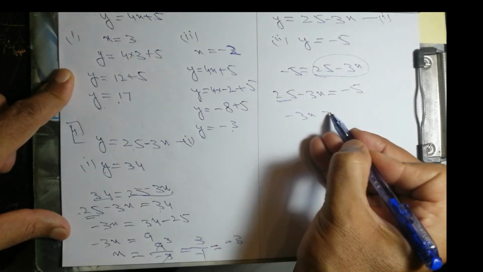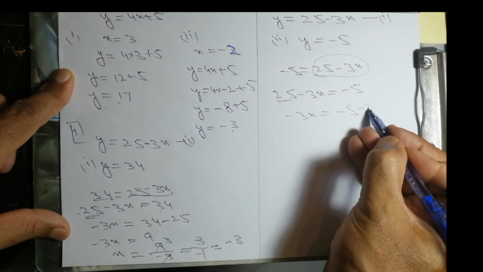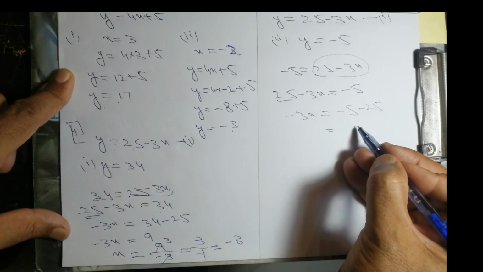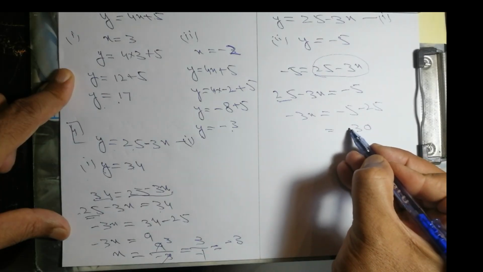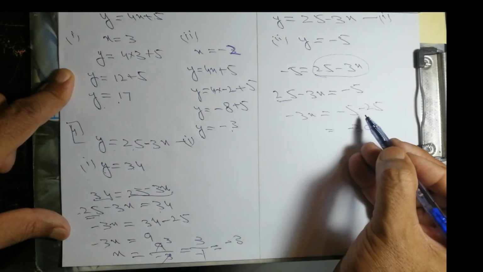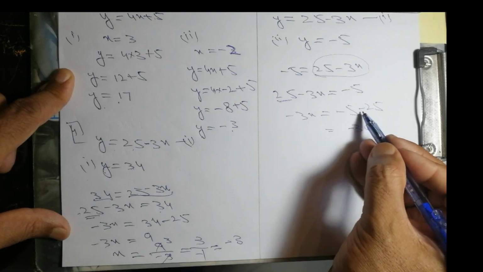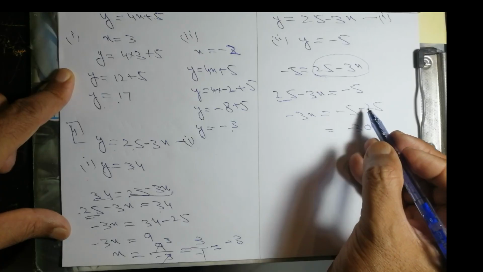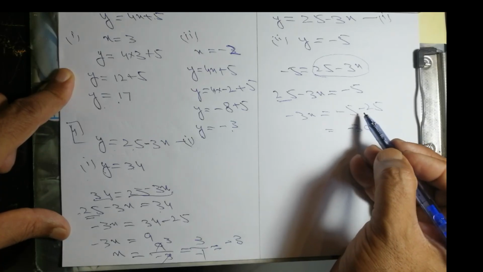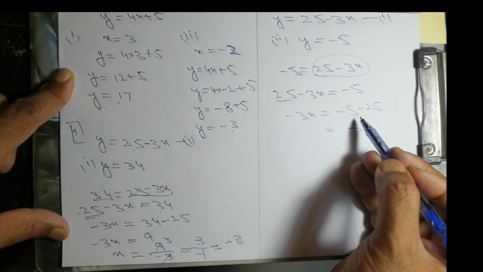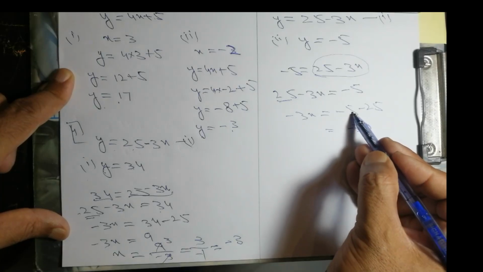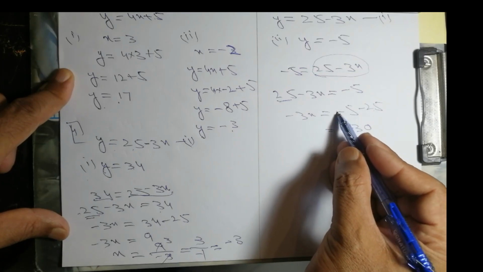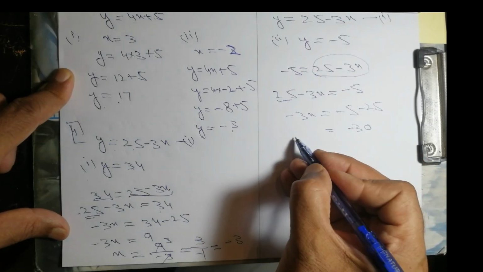Minus 3x equal to minus 5 and minus 25. Now minus 5 and minus 25 have the same sign, so we add the numbers and keep the negative sign. This is not multiplication, this is addition of negative numbers. We add the numbers and the result is negative because both have a negative sign.